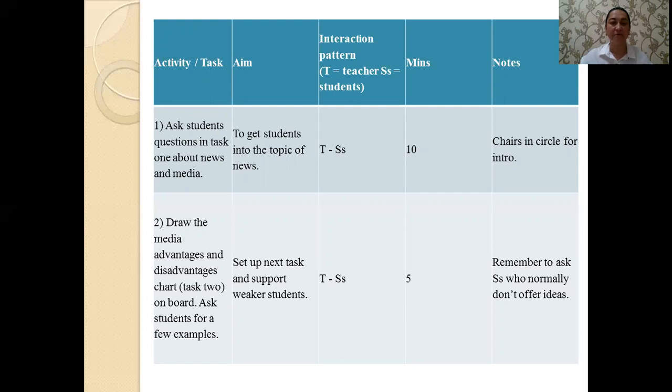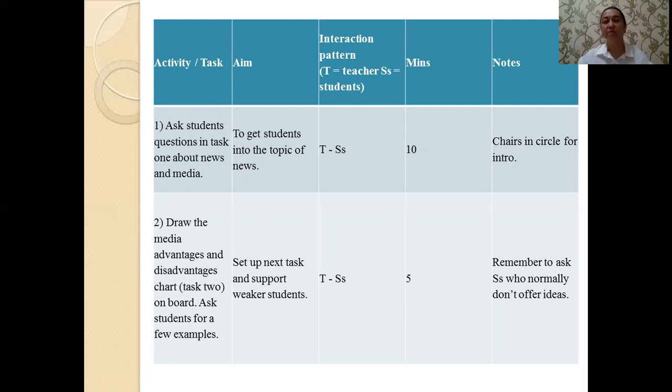So the second activity, draw the media advantage and disadvantage chart. Task 2 on board. Ask students for a few examples. So the aim of this activity, set up the next task and support the weaker students.